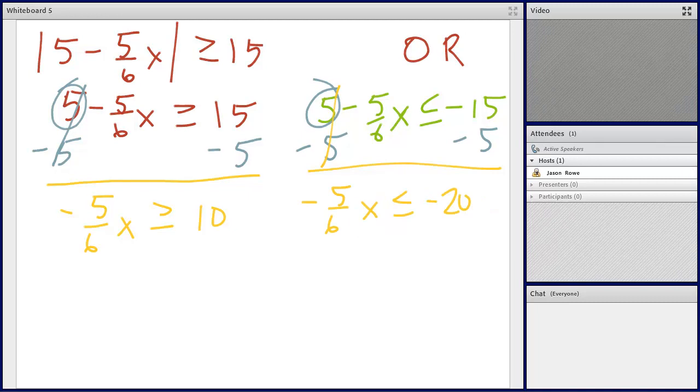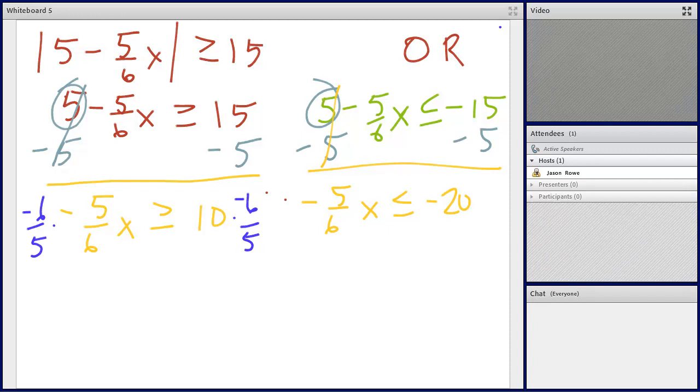There we go. All right. So now I've got to cancel out that negative 5/6. Just like in the last example, I have to multiply by a reciprocal. The reciprocal this time is going to be negative 6 over 5. I'm going to do it there, negative 6 over 5.